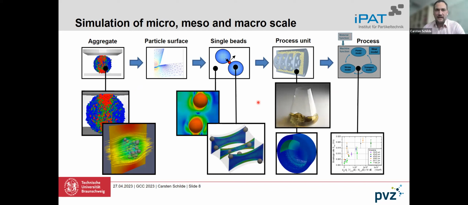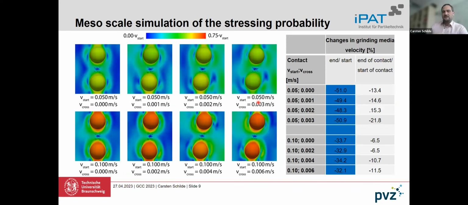So, I would like to start again with these numerical methods and then try to show cases where AI could help to improve these numerical simulations and the post-processing of this. I would start with capture probability. What we have done here in the past, we set up this case of two grinding beads approaching with different velocities, different angles, and different rotation of the grinding beads.